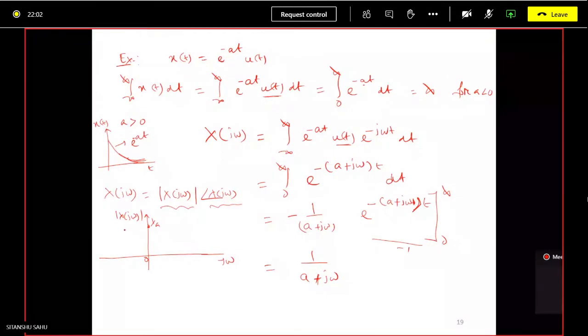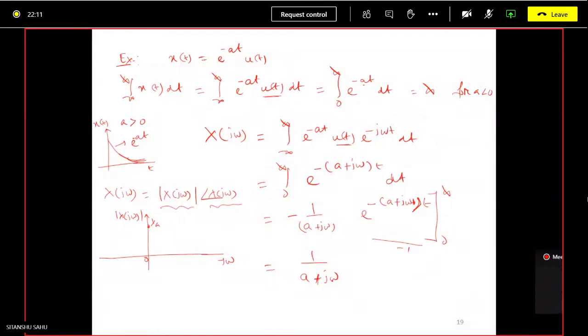Now if I go on increasing omega to higher values, the denominator term will increase, and the overall value of mod of x of j omega will go on decreasing. So I'll have a decrement of this function like this, and similarly on the negative side it will go on like this.